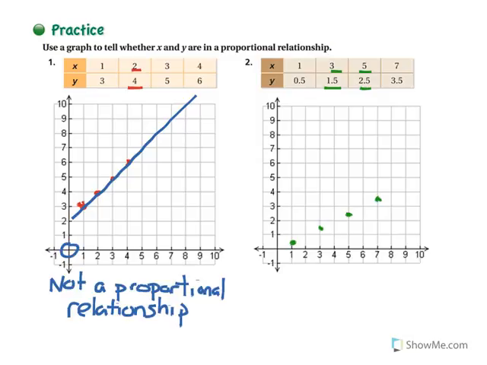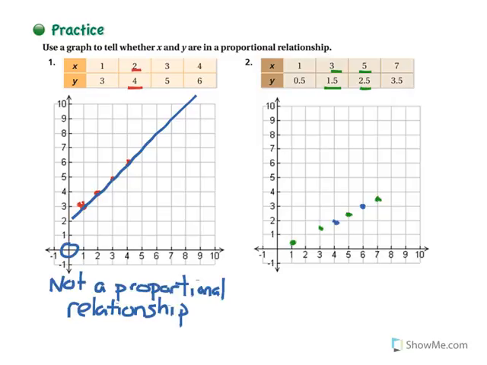Let's see. So if I go from 7 to 5, if I go over just 1 instead of 2, it's going to be at 6. I'm going to go down a half. That'd put a point right over here. If I go at the 0.5, 2.5, then I go over to 4, and it'd be 2.